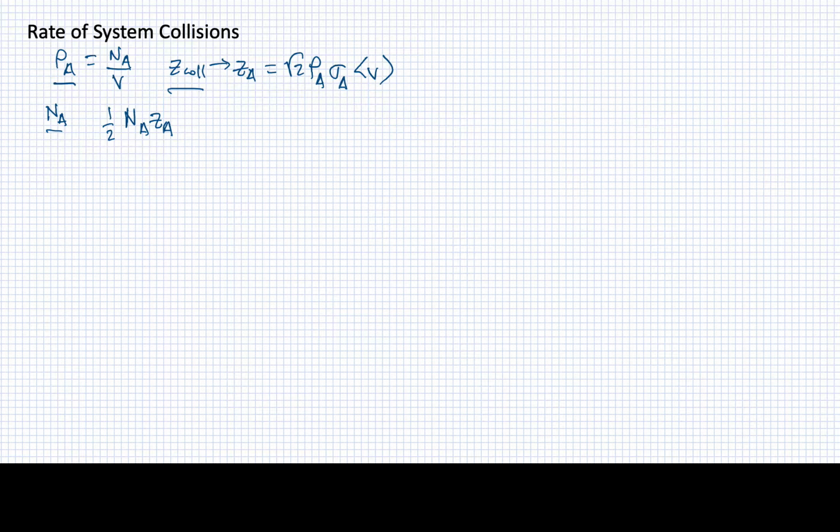So if I were to then develop, I'll call it the AA collision rate, for two different molecules of A, it would end up looking something like this. It would be 1/2 times this. Now, this is the number of molecules that are in a volume V, but let's go ahead and renormalize by the volume so that we can talk about an intensive quantity of collision rate. So that means I'm going to have Na divided by V multiplying this ZA.